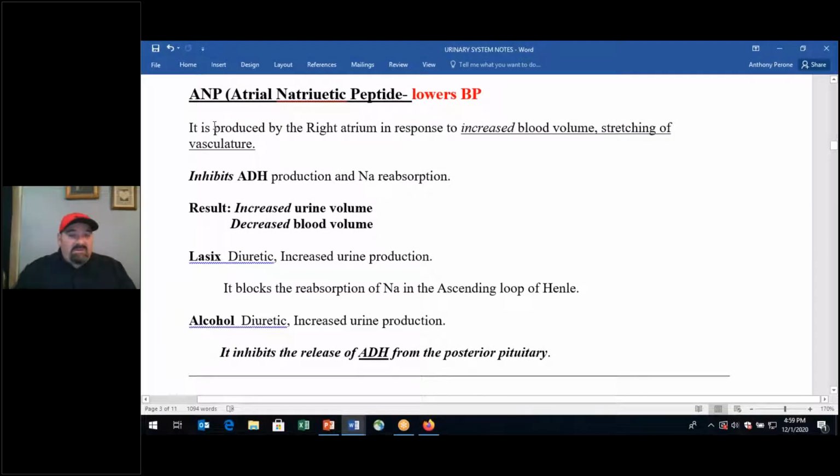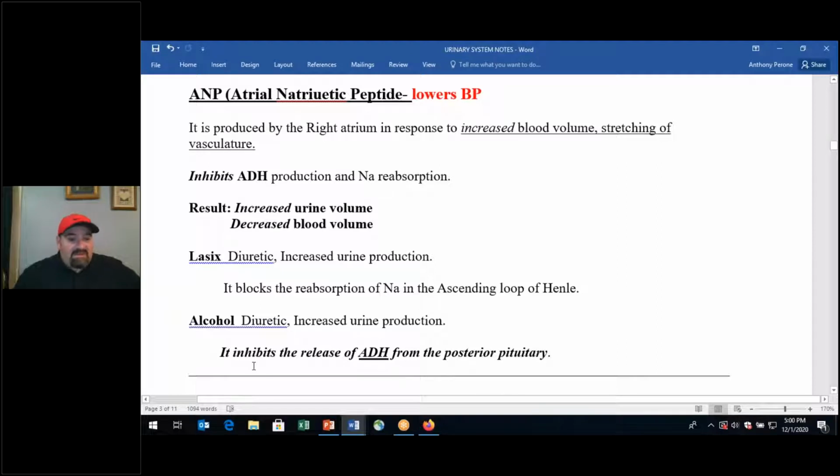ANP. You're going to see that most of these hormones will increase blood pressure, but atrial natriuretic peptide is involved in lowering blood pressure. But again, when a patient has chronic high blood pressure, ANP is not going to work to decrease blood pressure. Okay? You'll see here that alcohol is a diuretic.